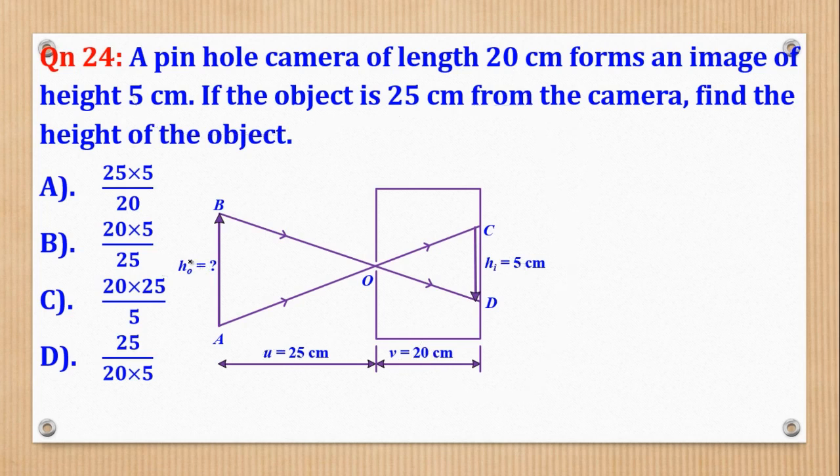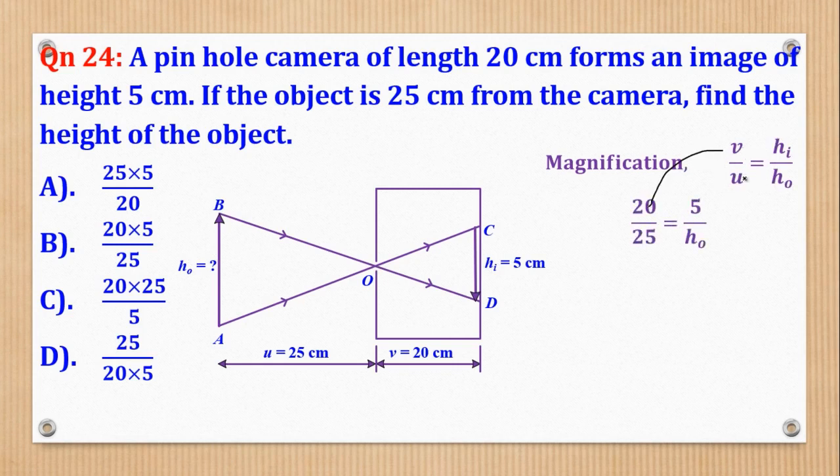The good thing, magnification can be got in 2 ways: one in terms of distance and the other in terms of heights. So we are going to equate the 2 and then substitute for V, for U, for HI, and we need object height. It is the only unknown, and the first thing to do is to cross multiply.